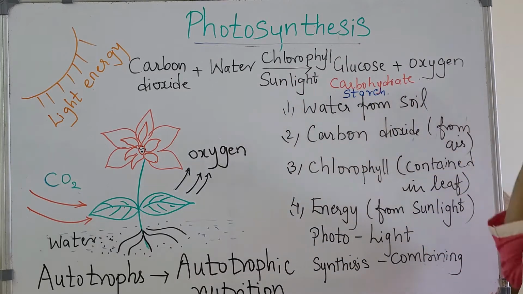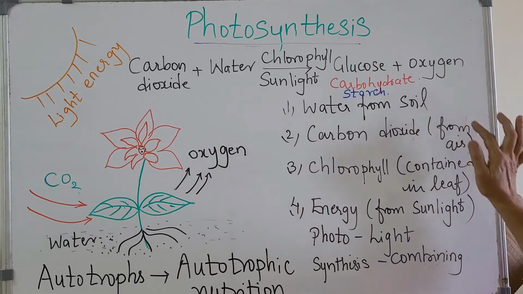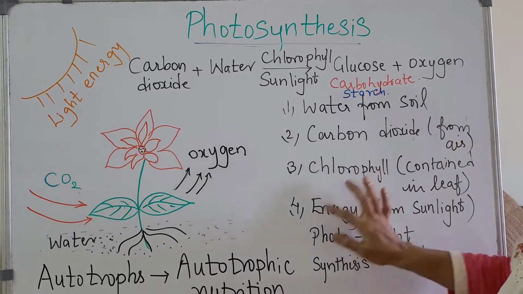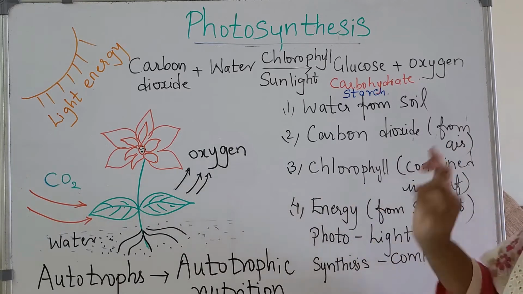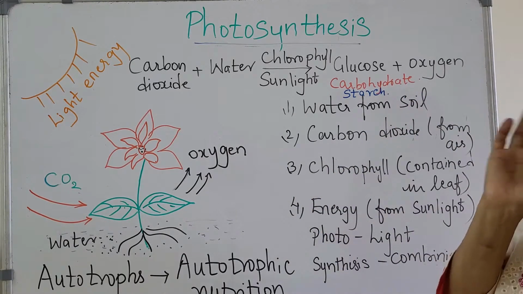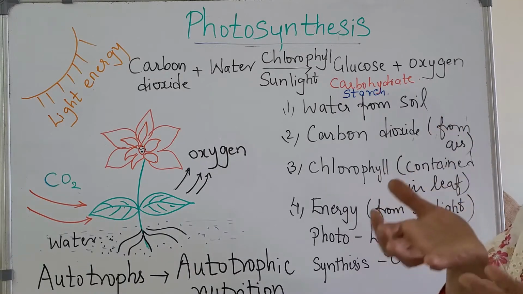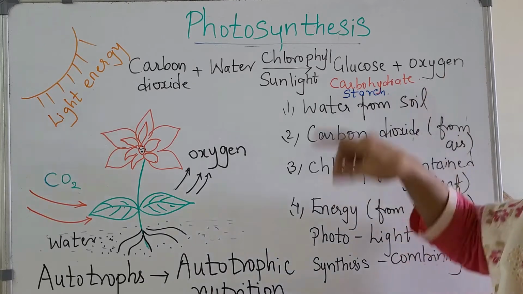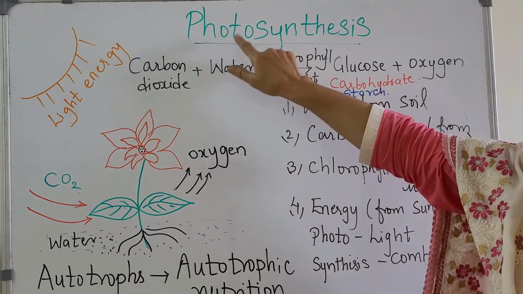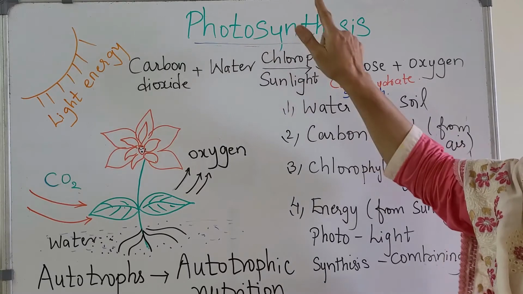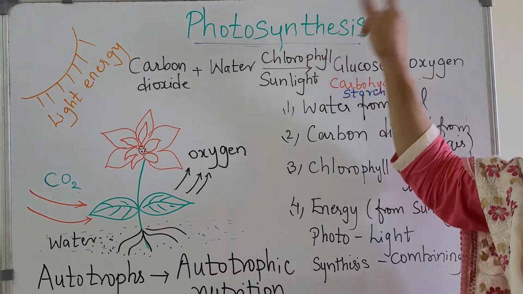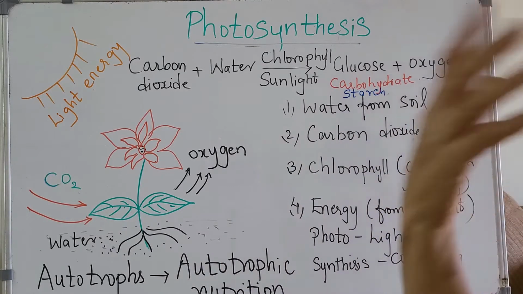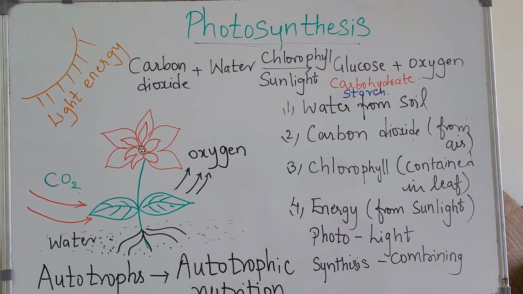Water from the soil, carbon dioxide from air, chlorophyll contained in the leaf, energy from sunlight. Photo means light. Synthesis is forming something by combination. So what is synthesized? Glucose is synthesized. So this process is known as photosynthesis.